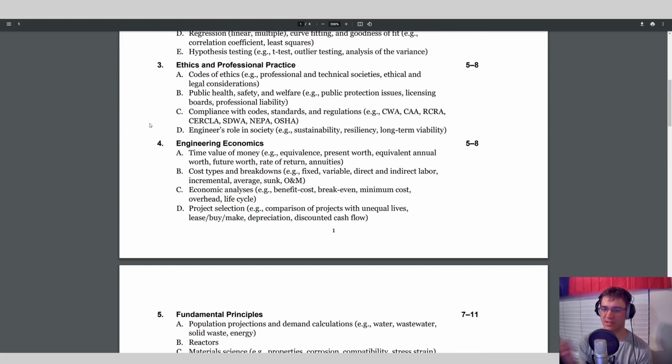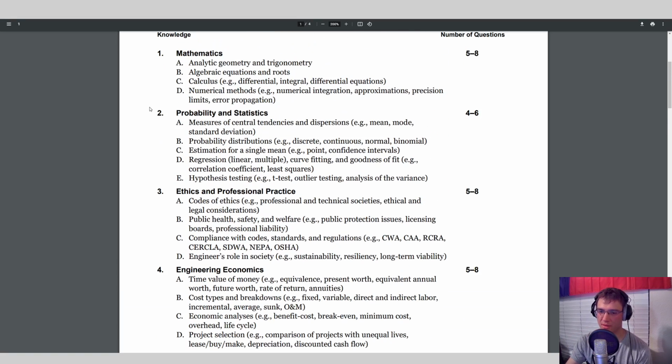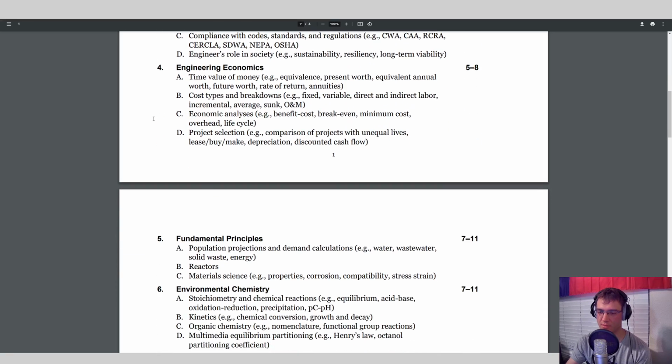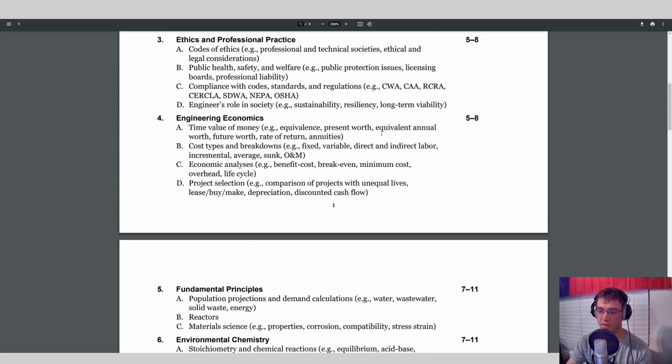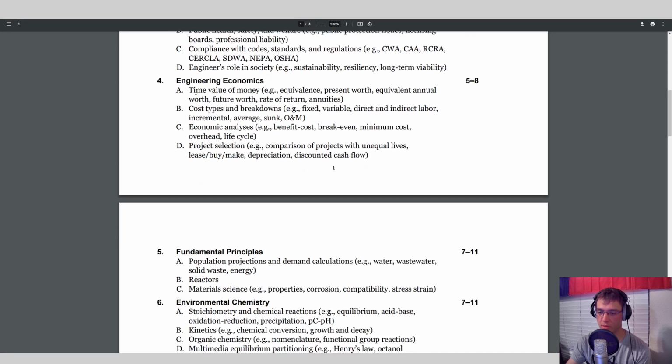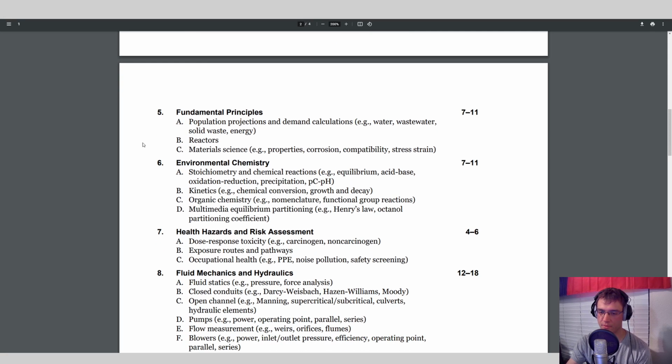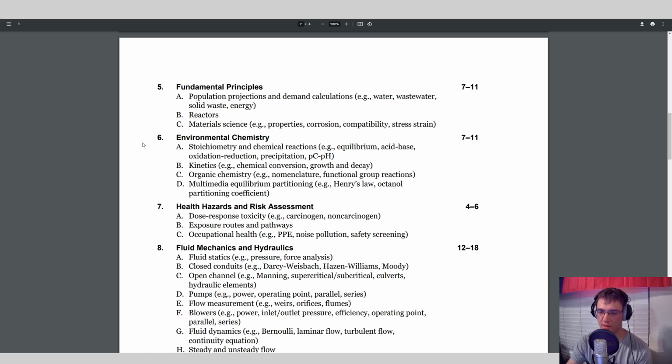Wow, I'm surprised at how much fluid mechanics and thermodynamics have gotten involved. Ethics and professional practice in economics was relevant to the general engineering version of the test.